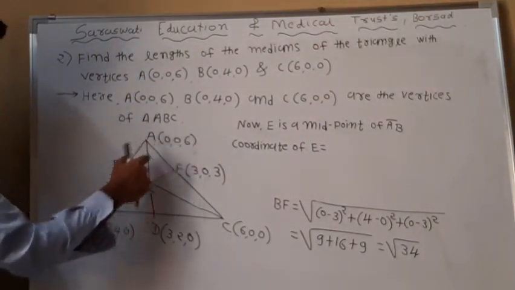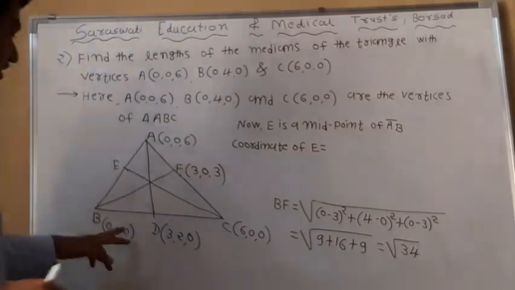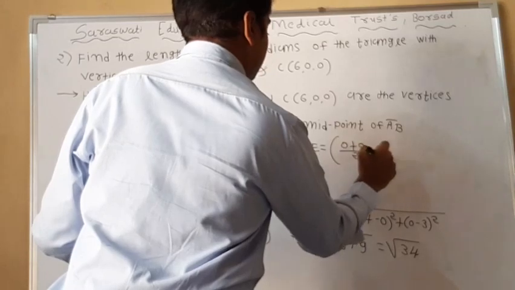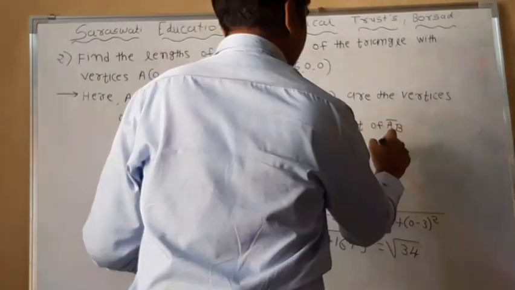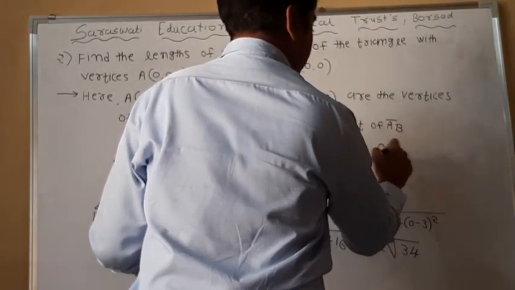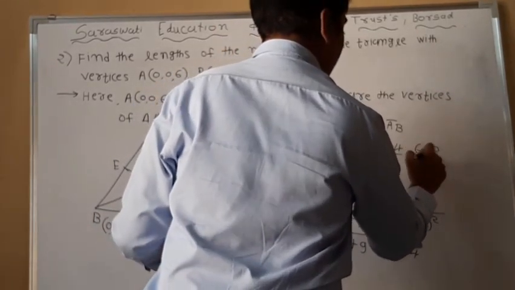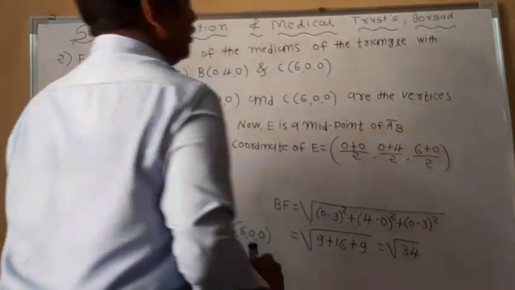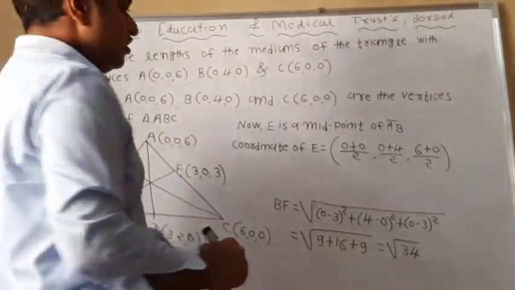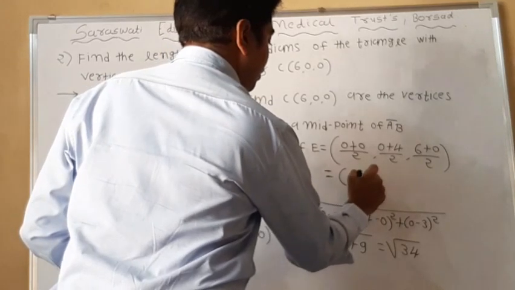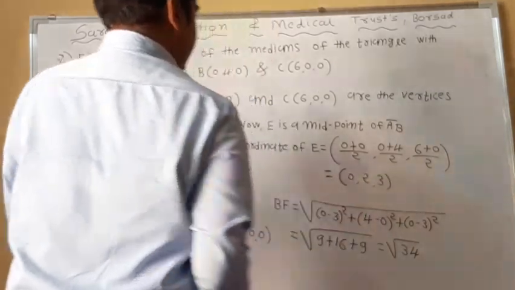So coordinate of E is 0 plus 0 divided by 2, 0 plus 4 divided by 2, 6 plus 0 divided by 2. Now add both these numbers, divide by 2. So it is equal to 0, 2, 3.